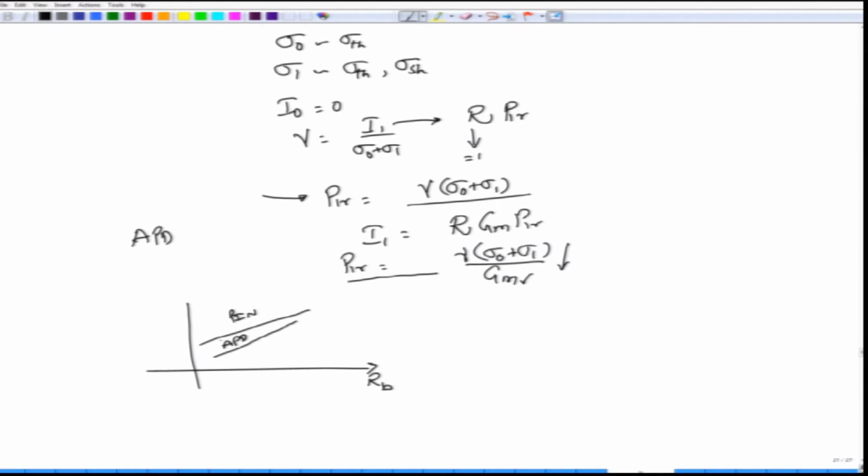So, this is the APD, and you see that the received power requirement for the same BER is actually much lower for a given bit rate in the case of an APD receiver. And this is because of the internal gain of the APD structure itself.